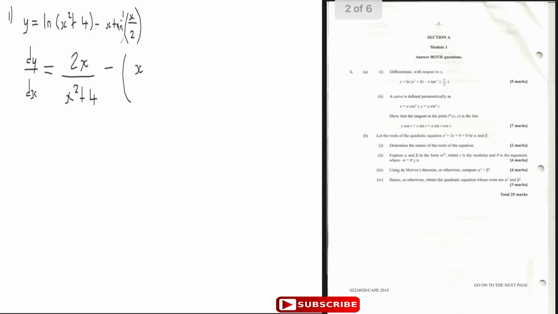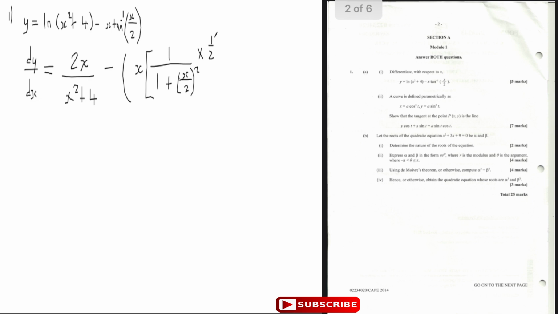Now when you differentiate tan inverse of x over 2, remember that part is going to be 1 over 1 plus (x over 2) squared, times the derivative of x over 2, and the derivative of x over 2 is a half.